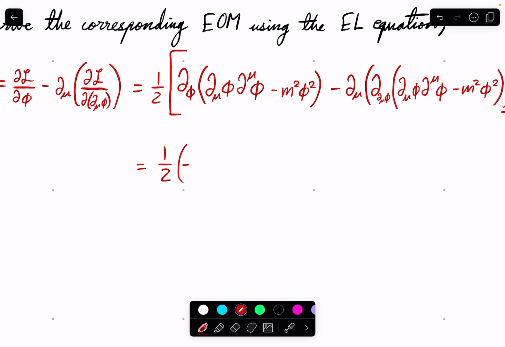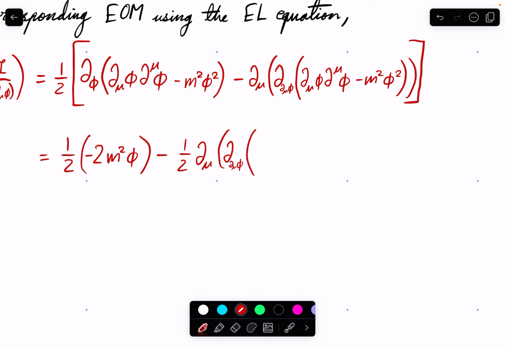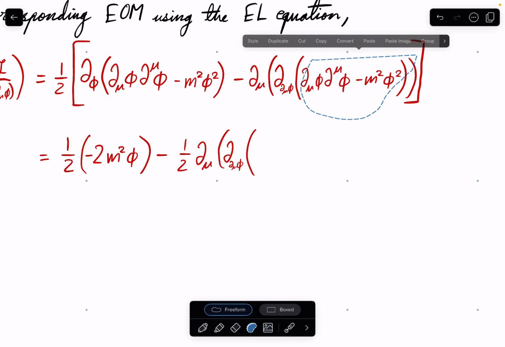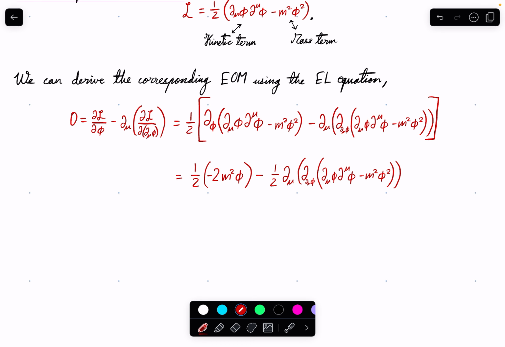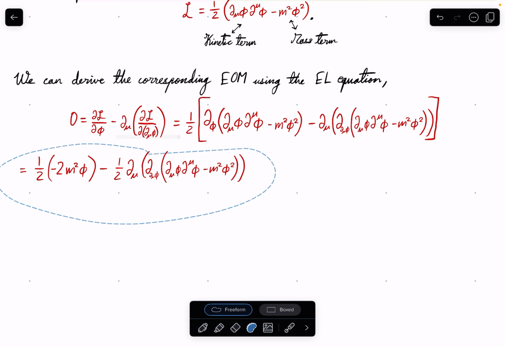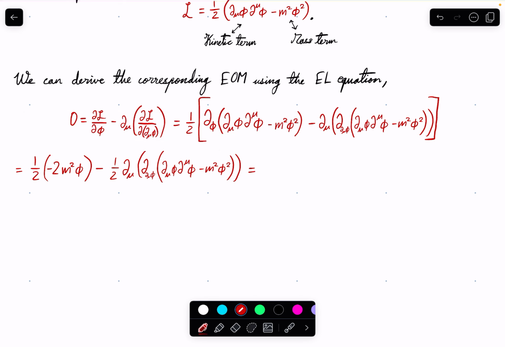So you have negative 2 m squared phi, then minus 1/2 gradient of all of this stuff right here, which is just equal to, you have the 2's cancel out, so you have minus m squared phi, and then this term.